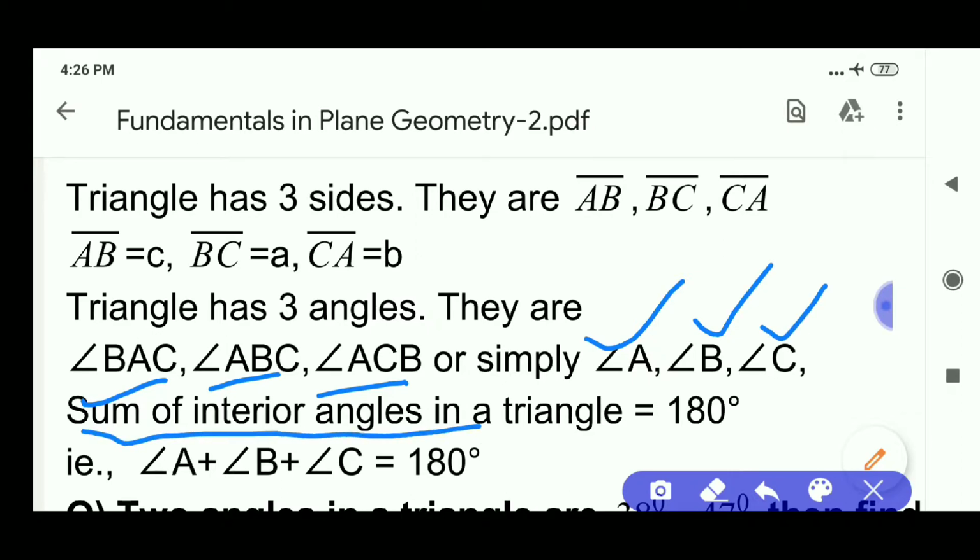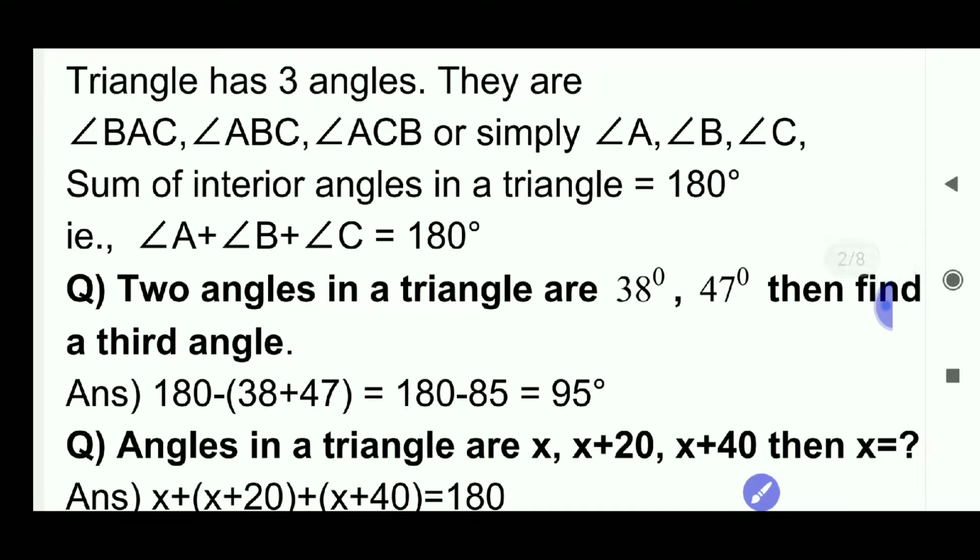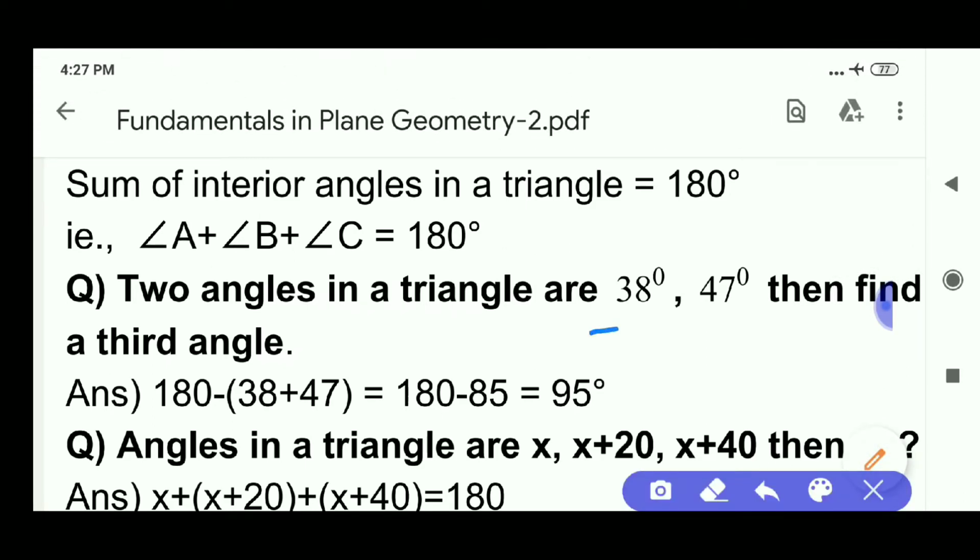The sum of interior angles in a triangle is 180 degrees. That means angle A plus angle B plus angle C is 180 degrees. Now a question. Two angles in a triangle are 38 degrees and 47 degrees. Find the third angle.